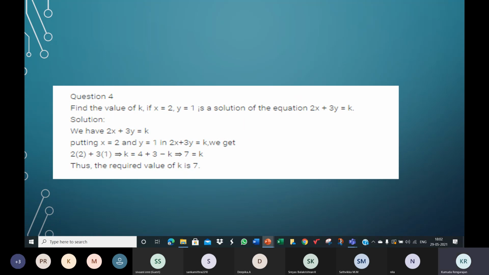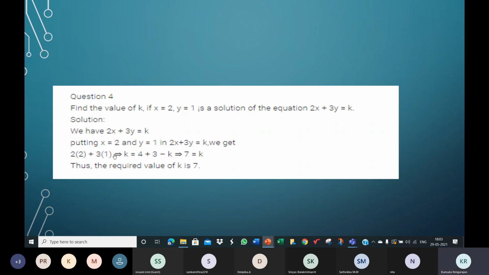Please see the question and go through the answer. So since x equal to 2 and y equal to 1 is a solution to this equation, the equation will be satisfied with these values of x and y.